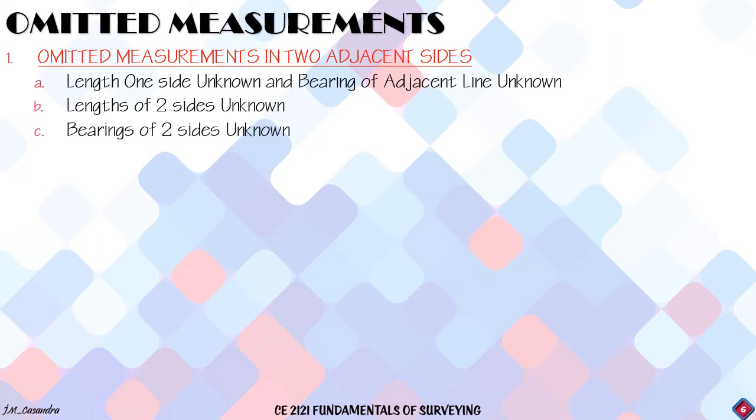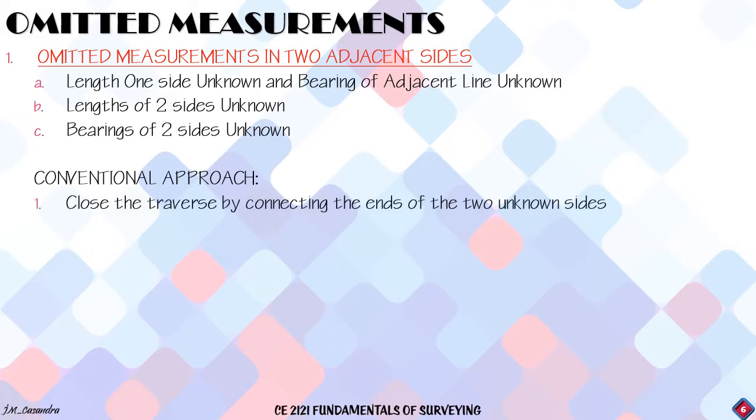And case 3 is when the bearings of the two sides are unknown. The analysis for any case for two adjacent sides whose data are missing would be the same. The conventional approach will be to close the traverse by connecting the ends of the two unknown sides.